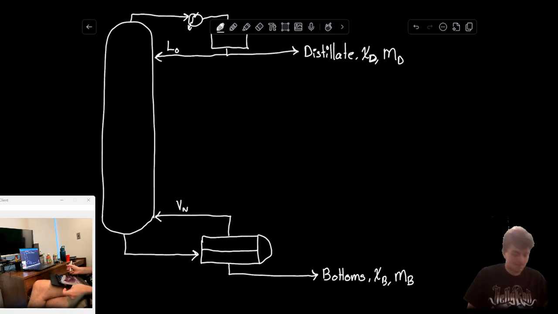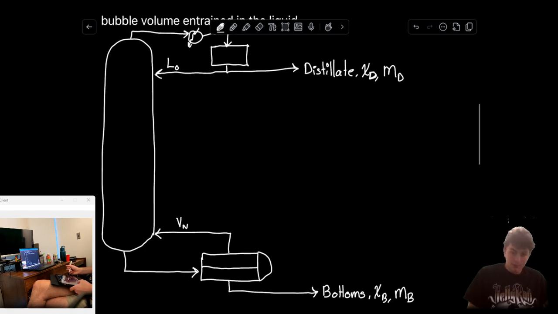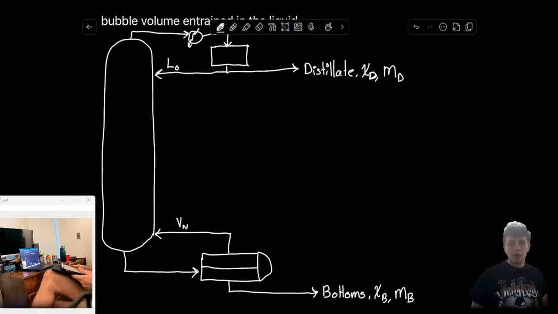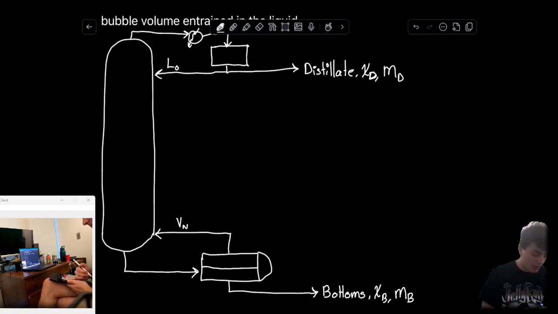Okay. Now, let's talk for a second about the internals of distillation. In the internals here, what we really want to look at are a couple things. On the side of each column, of course, we have the trays, which are something you've probably heard before.